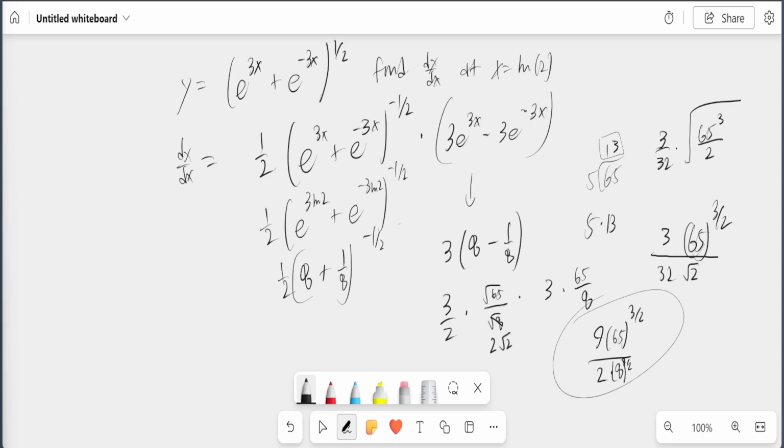Press enter, and then type in your function, comma x, comma the point you want to take the derivative at, which is ln 2. Wait, how do I type e on it? Press diamond, and one of the keys has e to the power. I found it.